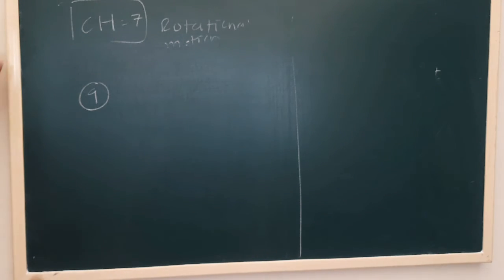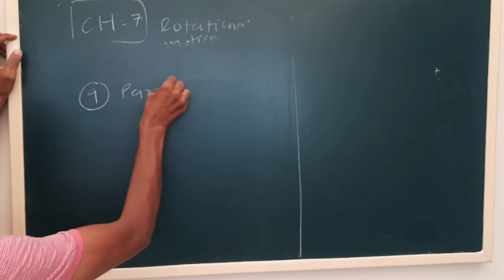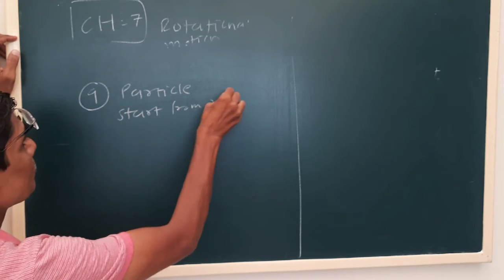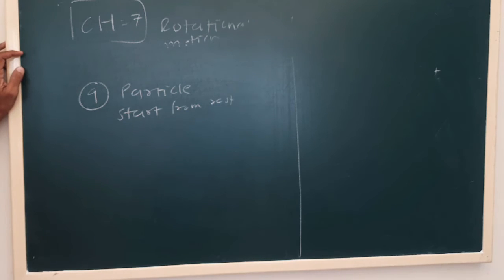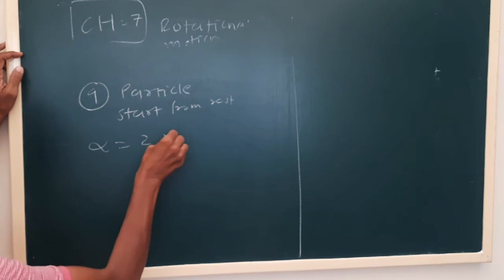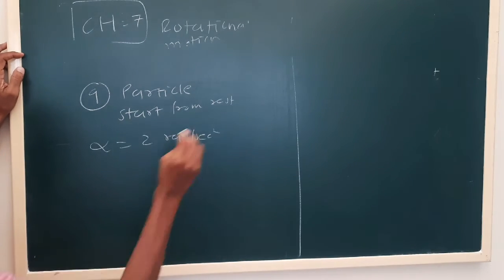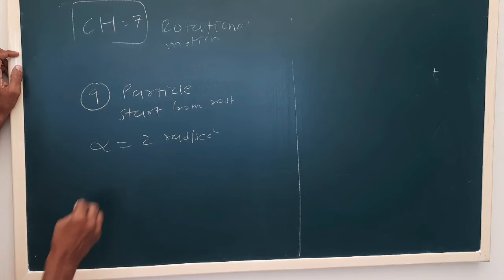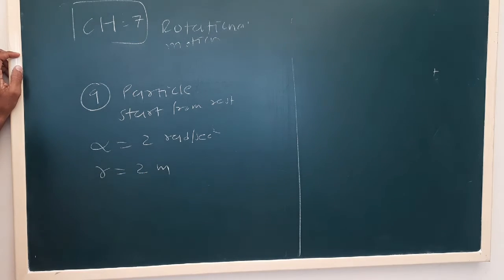See, a particle starts from rest and acquires an angular acceleration of 2 radian per second square. Now the radius of the circular path is 2 meter.